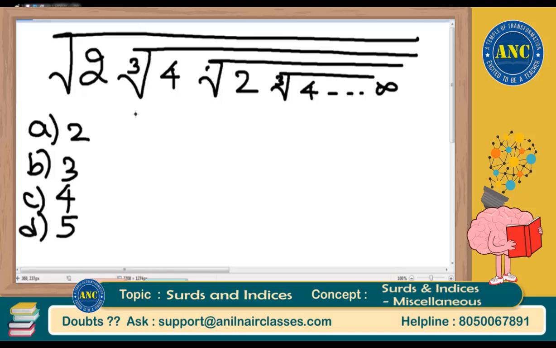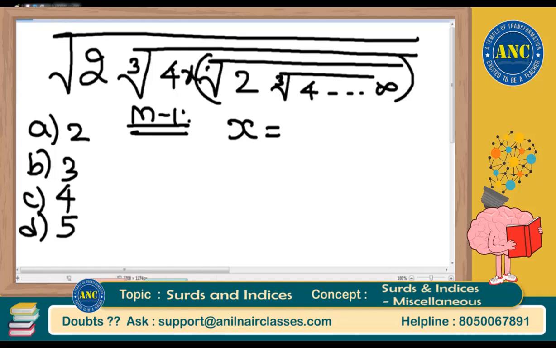Now see here, method 1 I already taught you, but let me teach you method 1 once again. If I call the entire thing x, this thing will again become x, and it becomes 4x, so I will cancel out all these terms and write it as 4x. Now if I square it to remove the square root, it becomes x square, and 2 will be as it is.